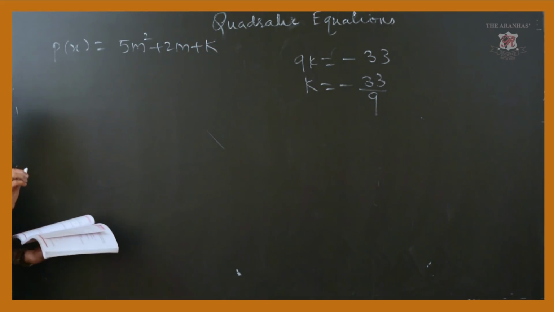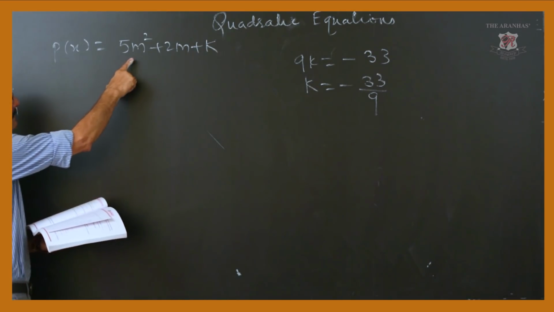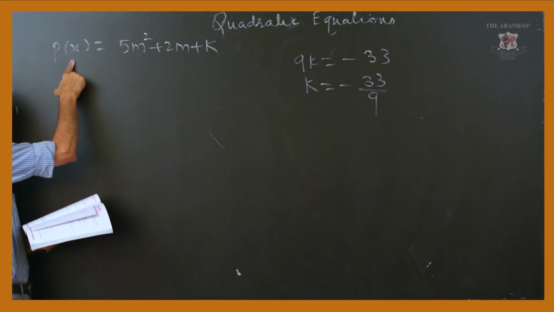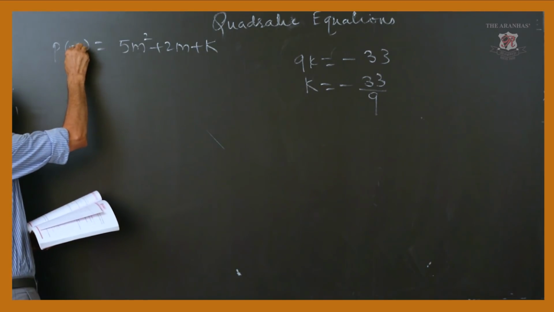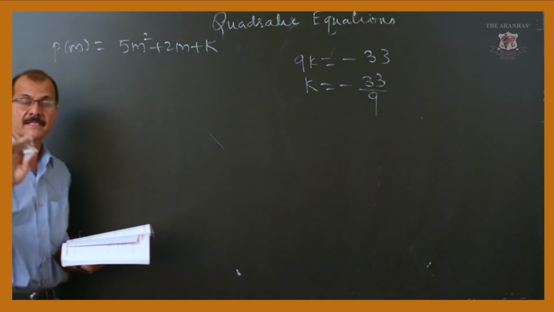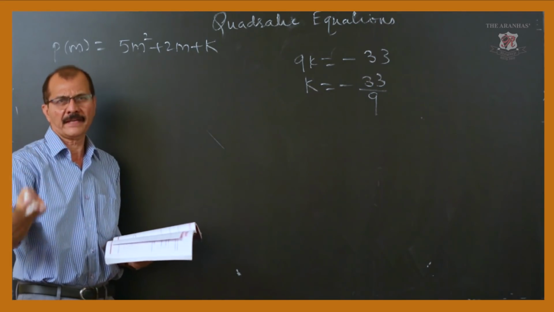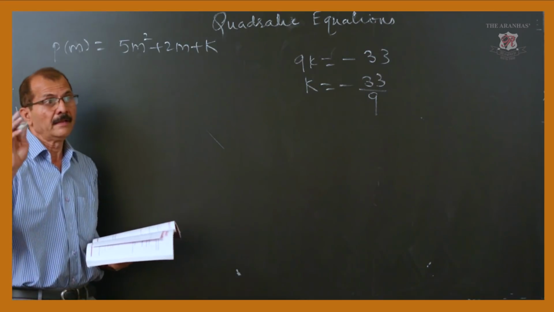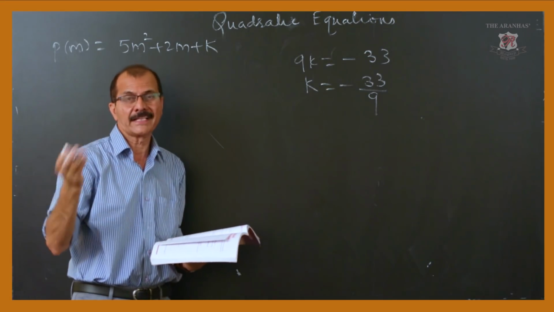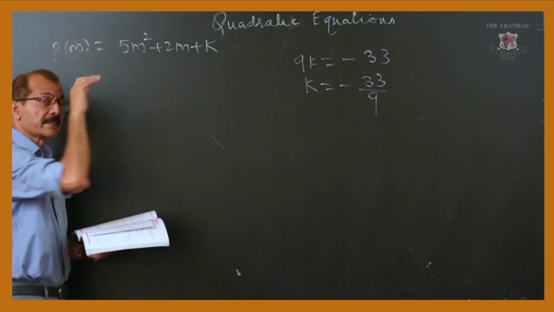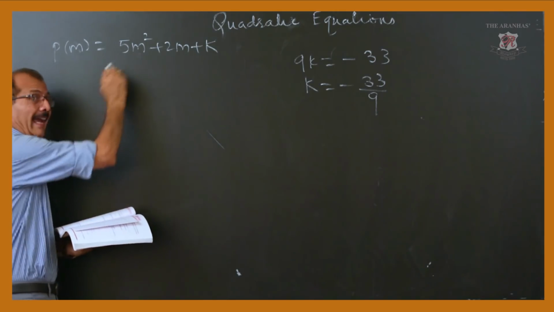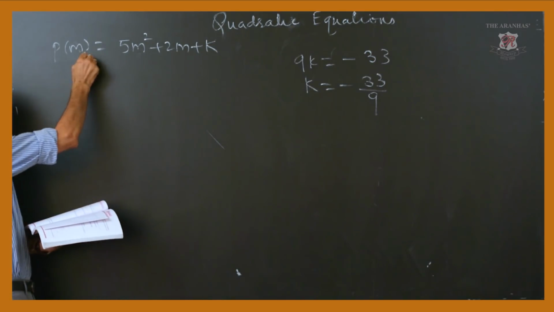Now, see here. When the variable is m, I cannot take p of x, make it as p of m. So, whatever variable is there, use that variable. Quite often I use p of x as the polynomial if my equation is in x variable, but now here it is given to you in m. So, you have to take p of m.